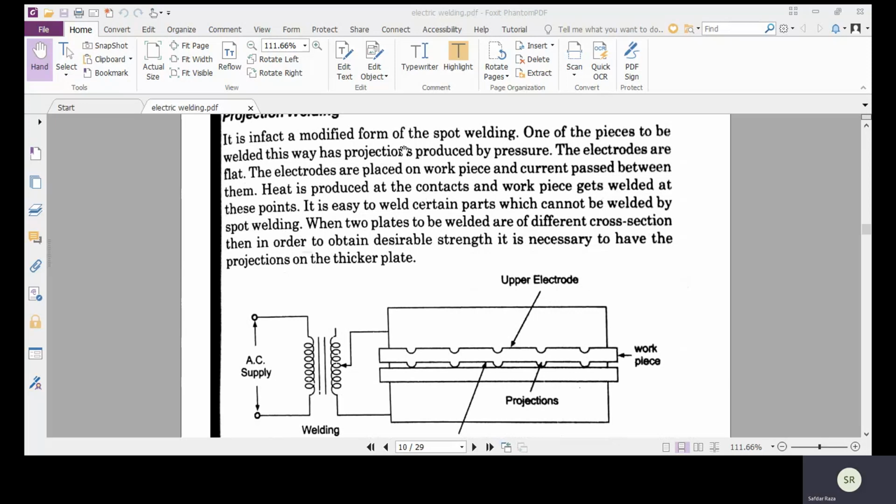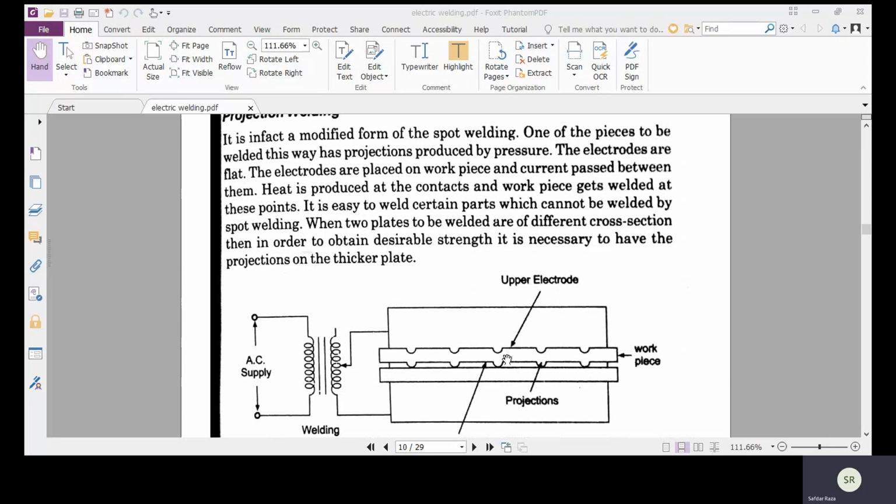For example, here there is a workpiece and you see that there are projections on the workpiece which are made before the welding. Heat is produced at the contact and the workpiece gets welded at this point.